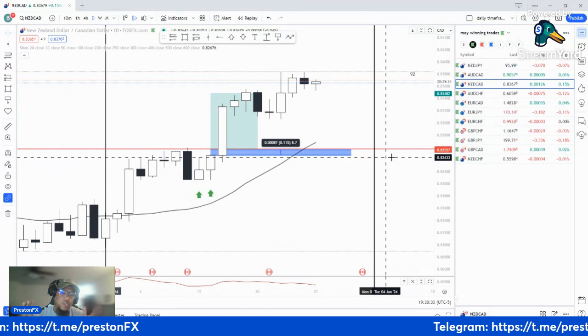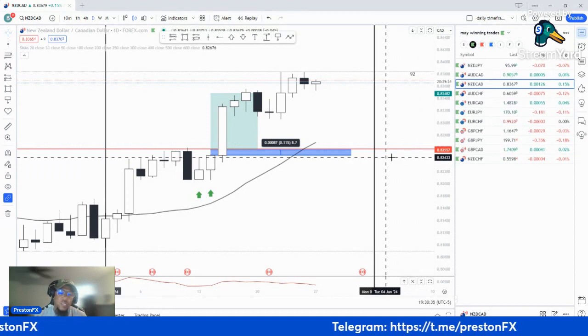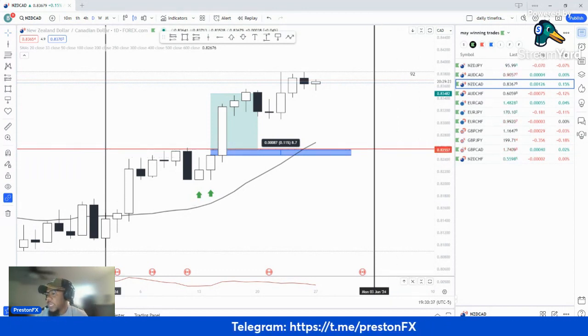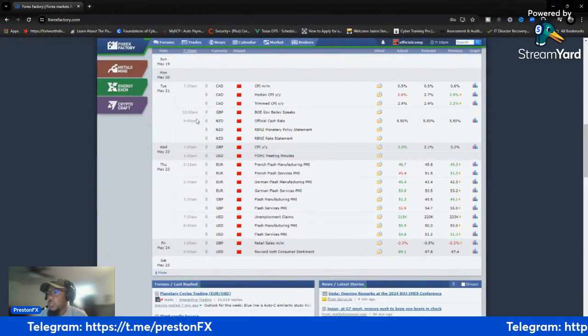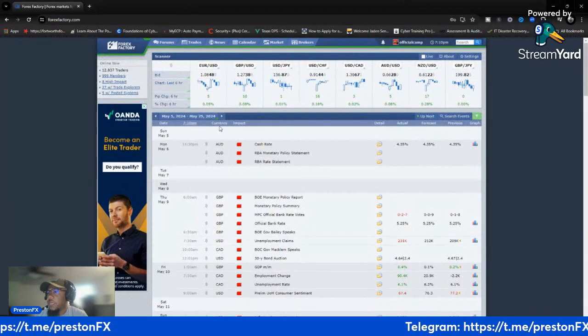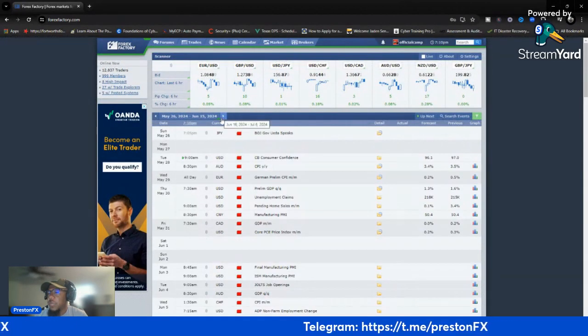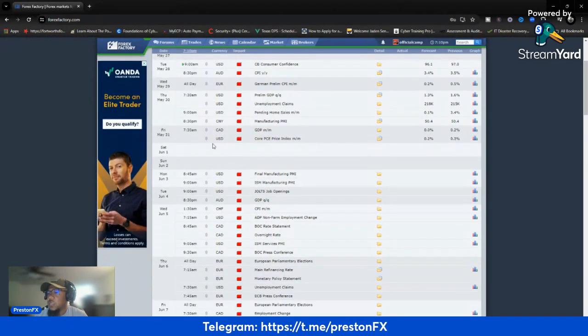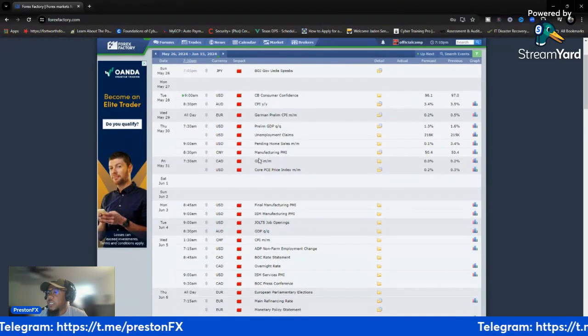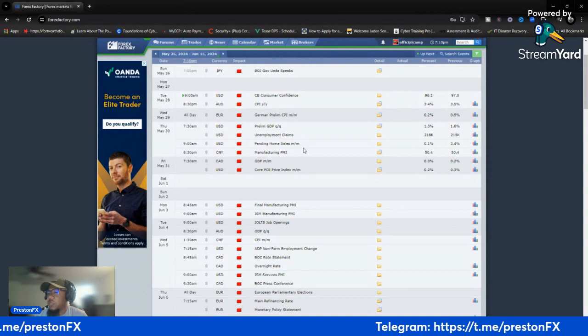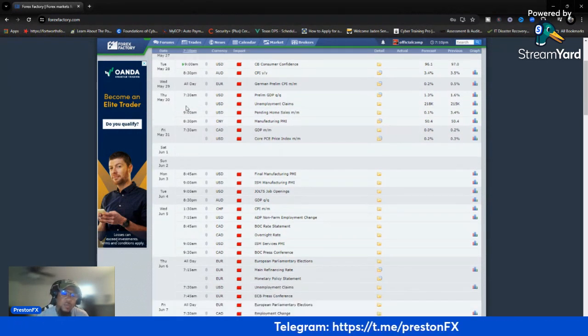In my opinion, I would wait till June to take another trade, unless you see something that goes with your strategy. If we look at what's coming out this week, we've got some USD unemployment claims on May, and I don't trade on the last day of the month.